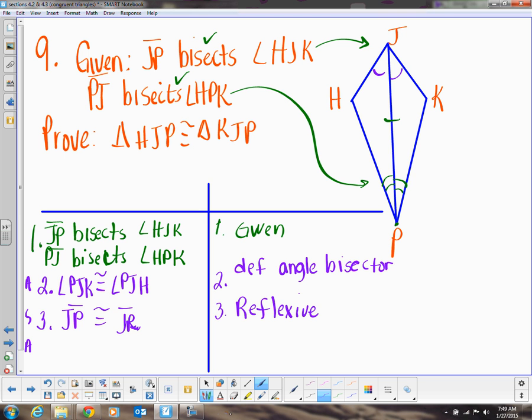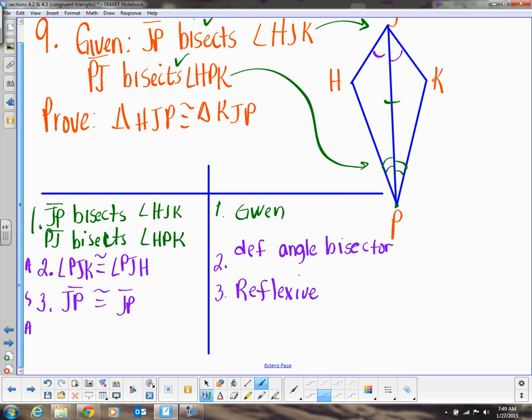All right, so Nick is going to tell us our other pair of angles. What's our other pair of angles, Nick? Kayla got the singles. PJH, she already did. PKJ is this one, and it's not marked.